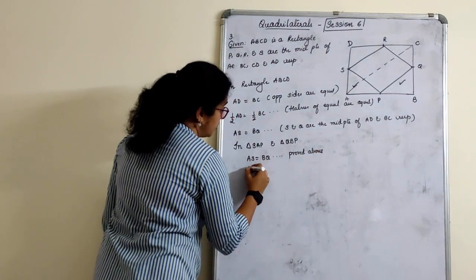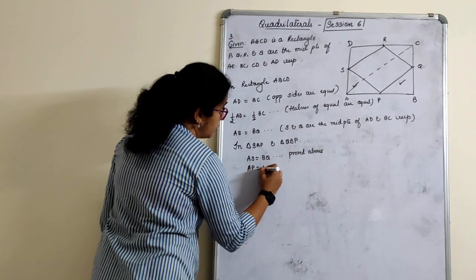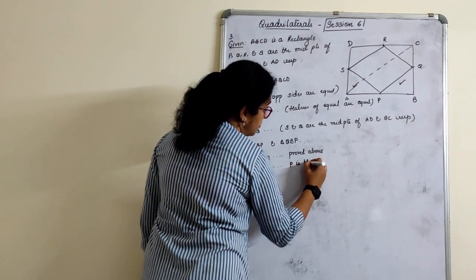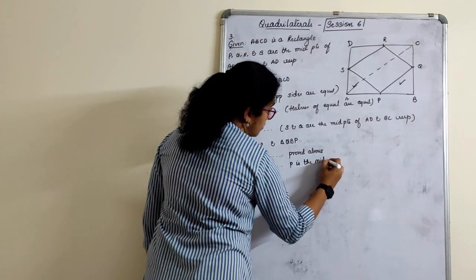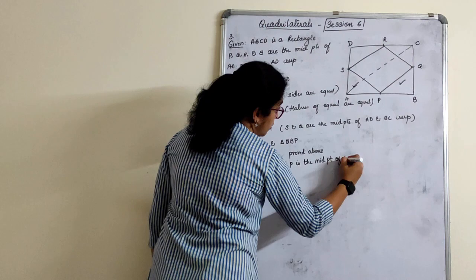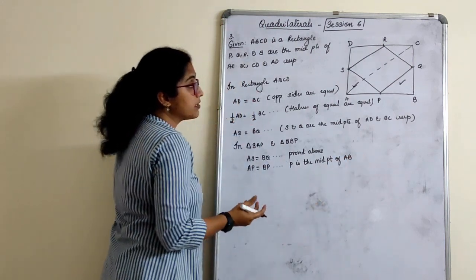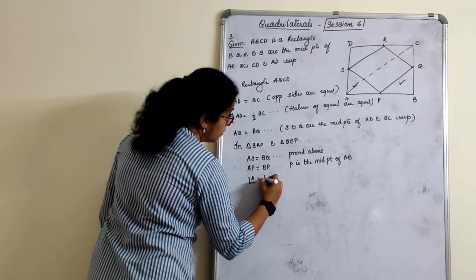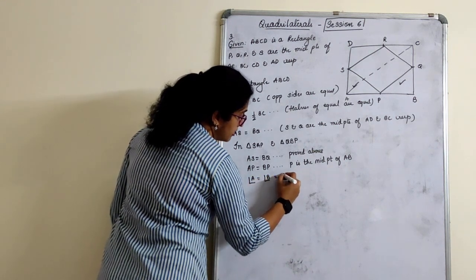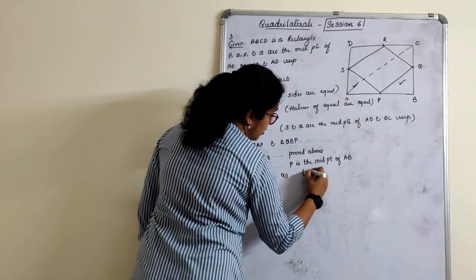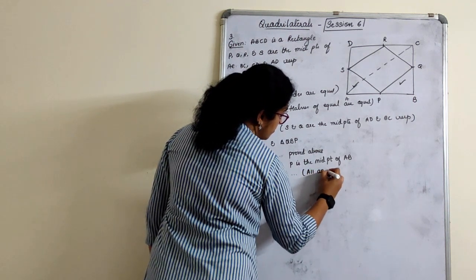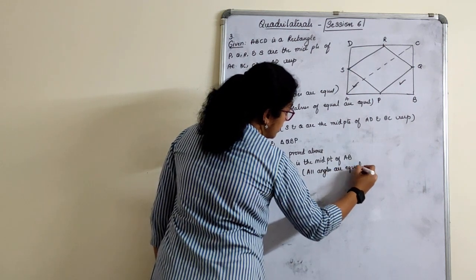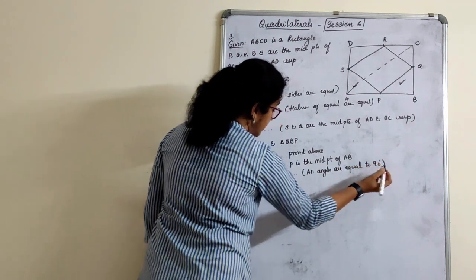Then AP is equal to BP. Reason: P is the midpoint of AB. What could be the third part here? Angle A is equal to angle B, that is equal to 90 degrees. Reason: all angles are equal to 90 degrees in a rectangle.